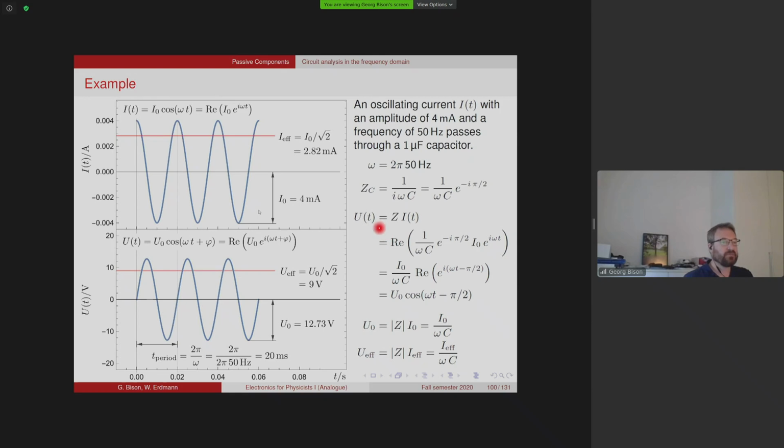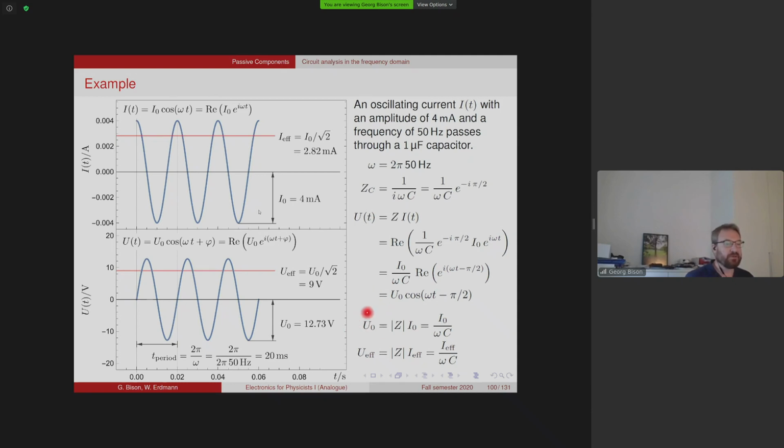And so going from, well, this to this is quite easy if we use the complex impedance. And I mean, especially it's possible to do it without solving differential equations.